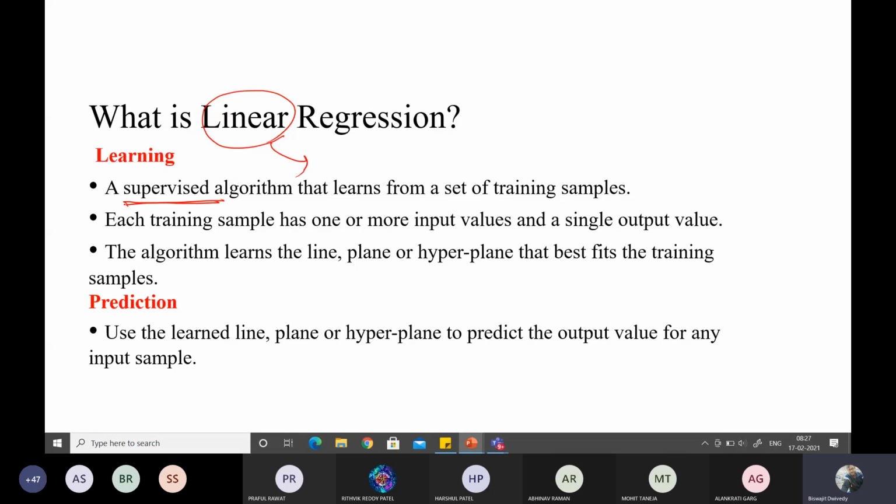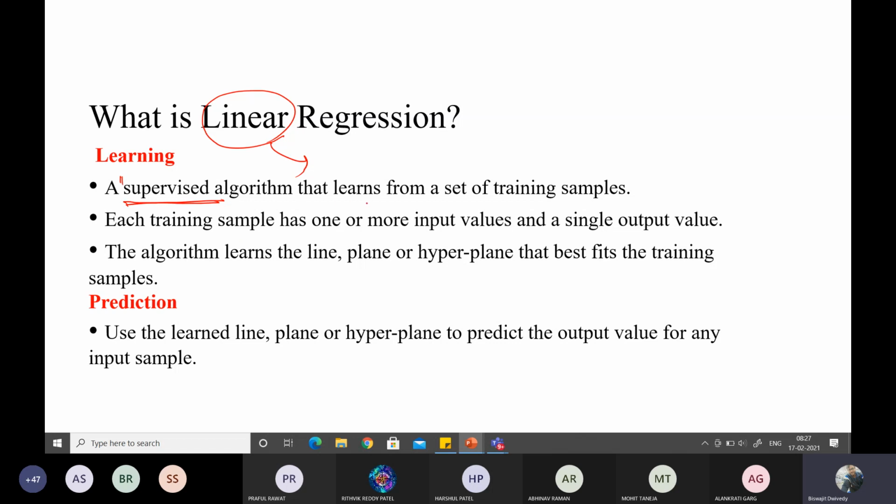Since some data is given to us as reference, or you can say these are the correct data, we take them as our reference. That's why this process is called supervised. Whenever we calculate or predict something, that prediction is compared with this reference data which has been given to us.